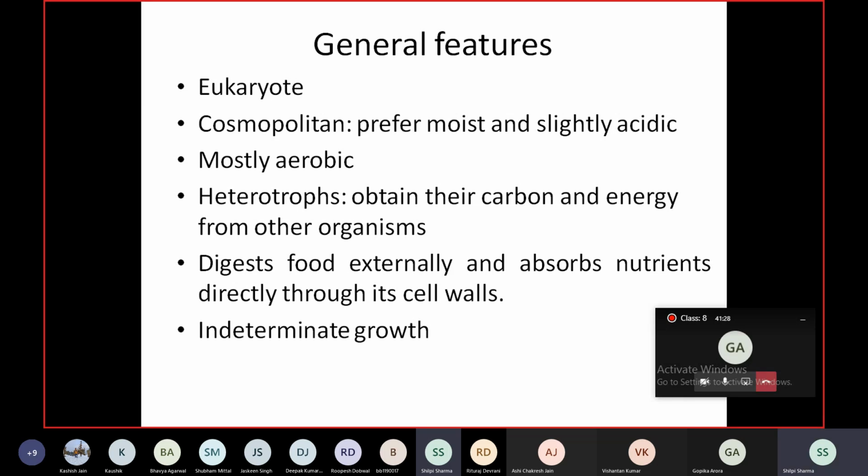A similarity with animal cells is that glycogen happens to be the storage polysaccharide, unlike plants wherein the storage polysaccharide is actually starch. Another important point is that the growth of the fungi is indeterminate, which basically refers to no particular pattern of the filamentous structure, and the structure is affected more by resource availability and the distribution of the resources.